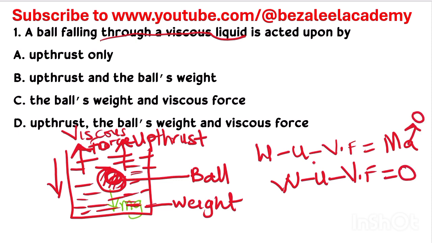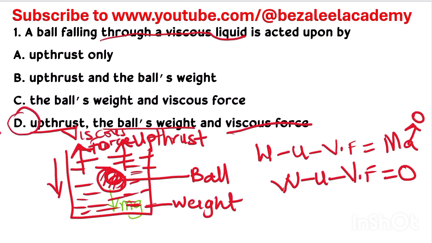When the acceleration is 0, that's when the object is not accelerating. So as this question is concerned, we can see that the three forces that are acting on this object are, number one, upthrust, the ball weight, and the viscous force.